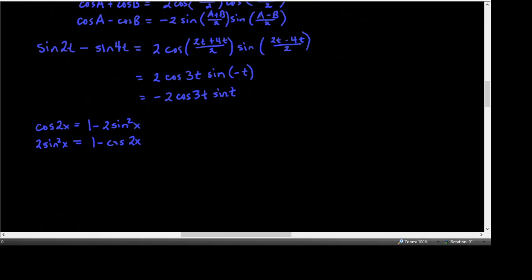I could then divide both sides by 2. So on the right, that'll be 1 minus cosine of 2x, all divided by 2. And then take the square root of both sides to solve for sine of x. Of course, when we take the square root of both sides, please don't forget the plus or minus.